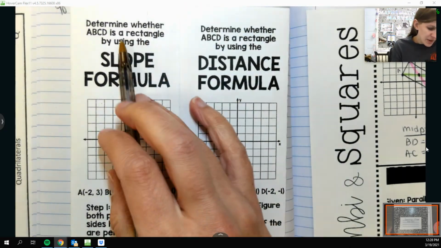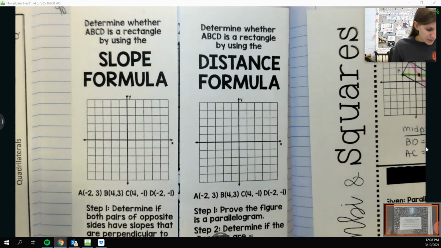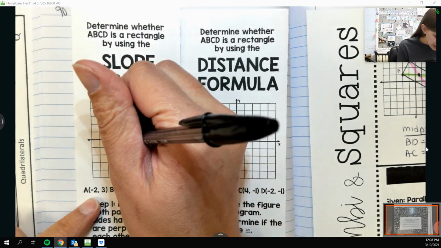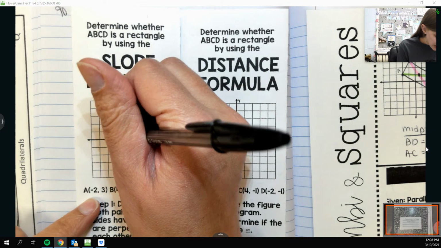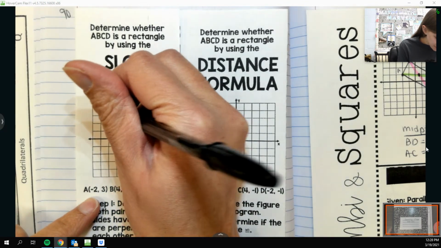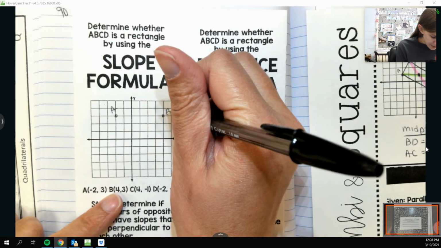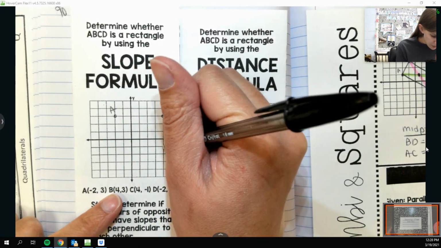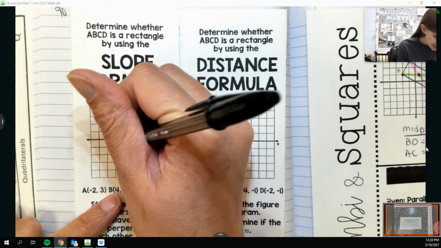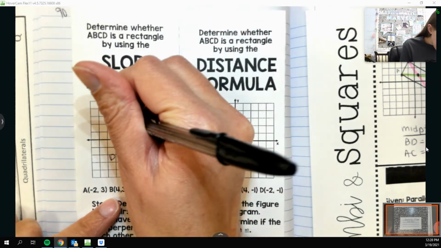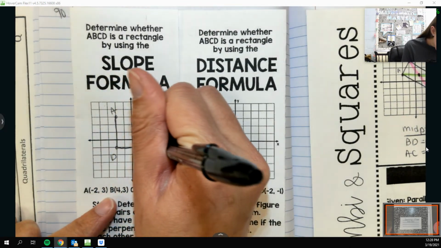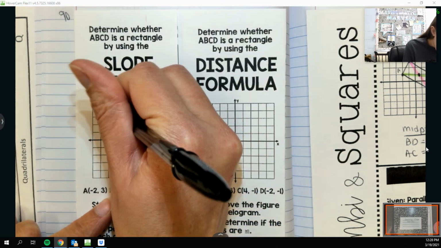All right, determine whether ABCD is a rectangle using the slope formula. So if we plot these points here, -2, 3, 4, 3, 4, -1, and -2, -1. So we actually already did one like this.